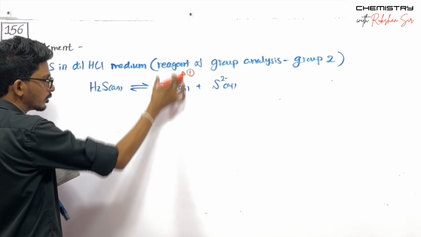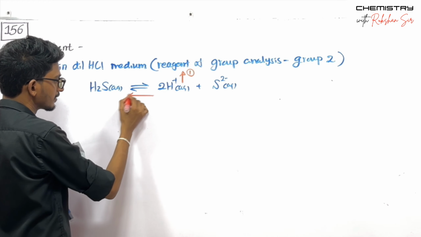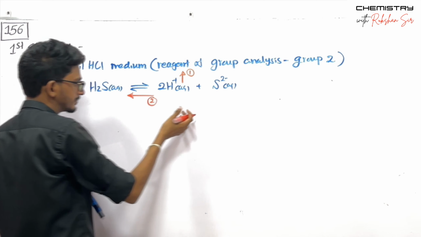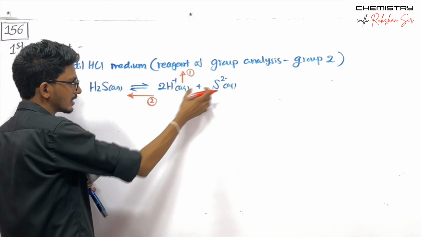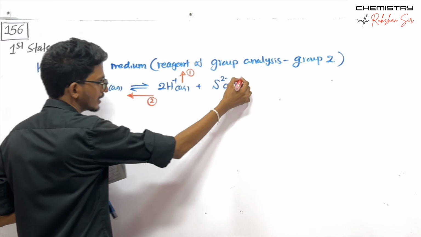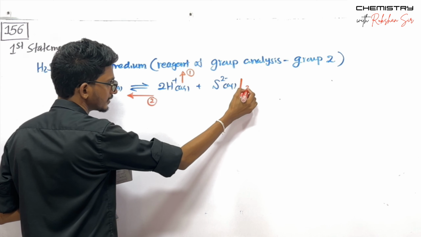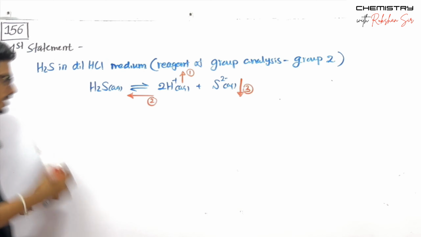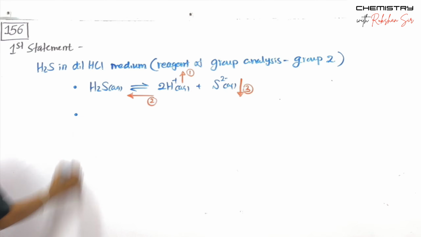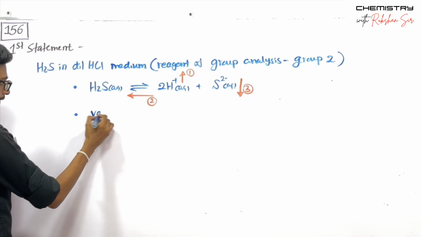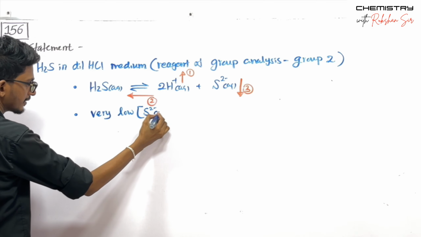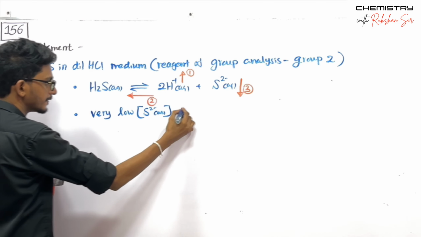So to reduce the H plus amount, the reverse reaction will be favored. When the reverse reaction is favored, the sulfide ions react in the reverse reaction, so the sulfide ion concentration drops. So with this reagent, a very low concentration of sulfide ions is provided.